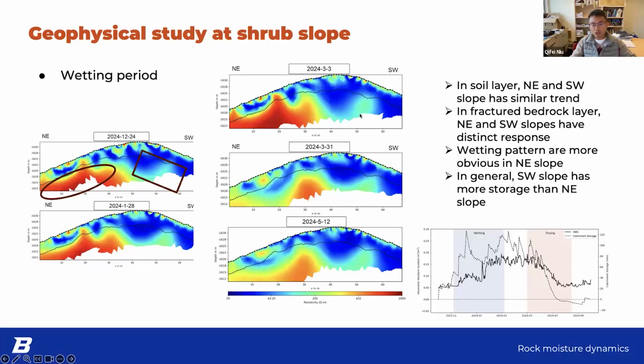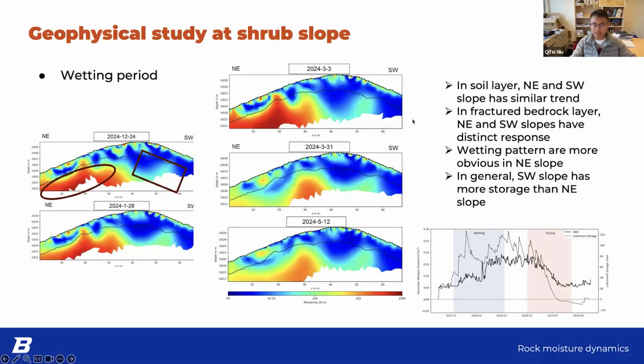For the other side of the slope, the rock moisture is in the rectangle in this region. We didn't see large change at all. So that means for these two slopes, on the northeast facing slope, the rock moisture is very dynamic. It can be influenced by precipitation so that you have wetting.